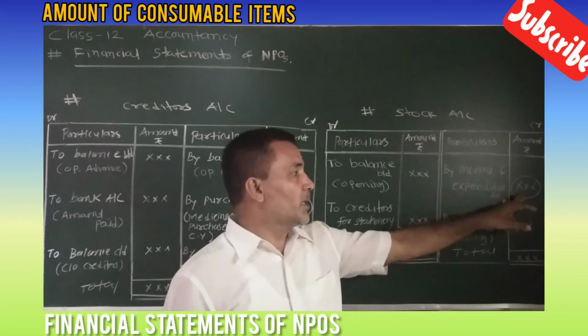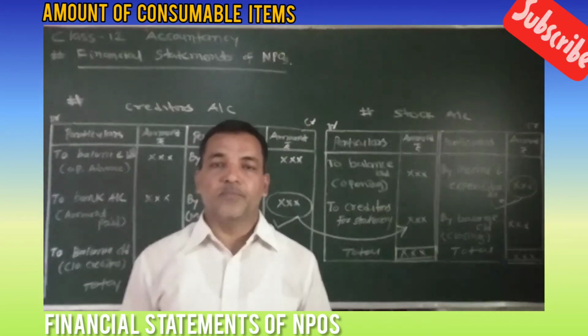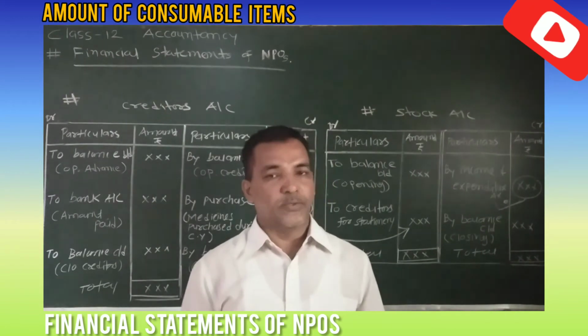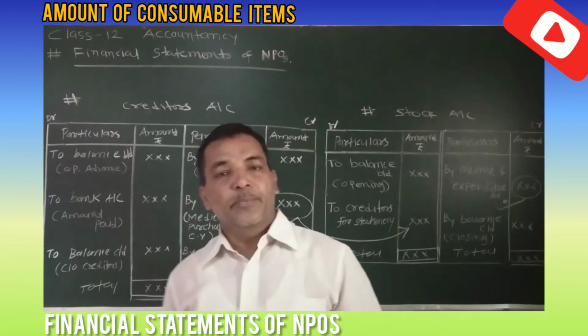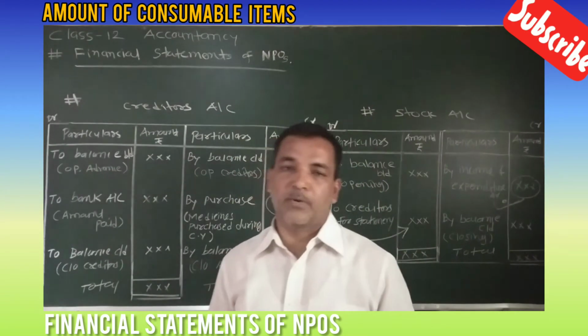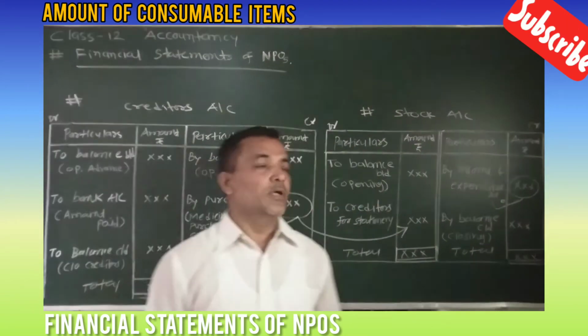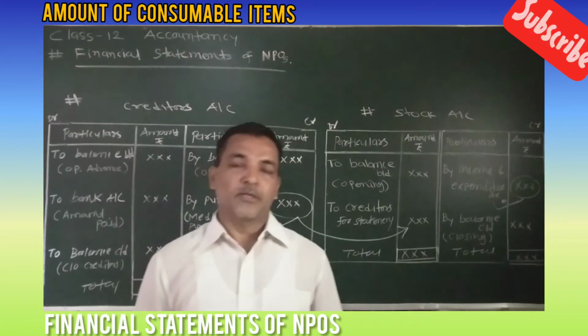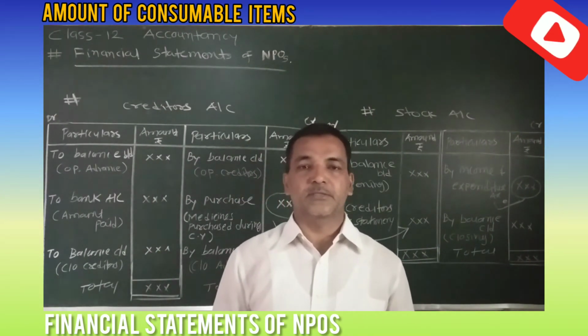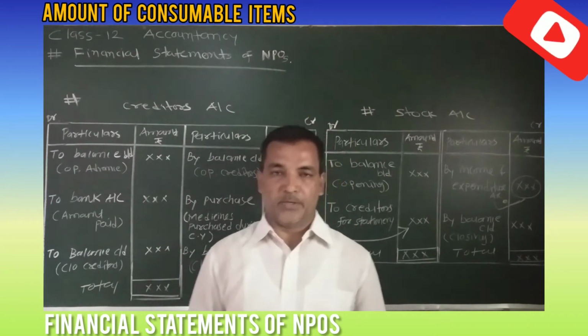This amount is debited to income and expenditure account. This is the amount of consumable item. So the amount of consumable item can be found by preparing a statement, or by preparing creditors account and stock account. You can follow any one method or as per the instructions given in the example.